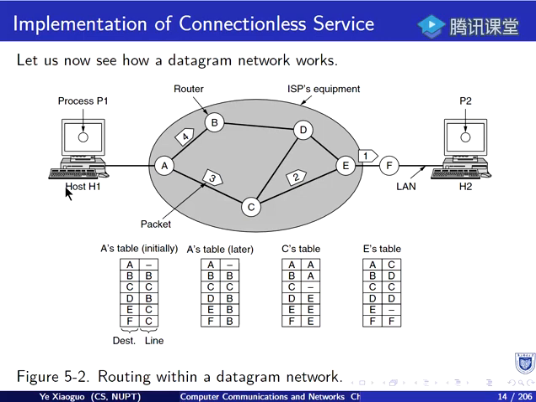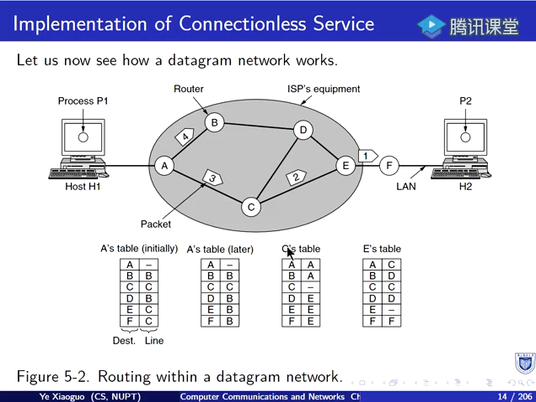We have host H1, host H2, and we have these routers denoted by A, B, C, D, E, and F. We notice that the routing table of A, the initial routing table of A, is like this, and then later changed to this one.